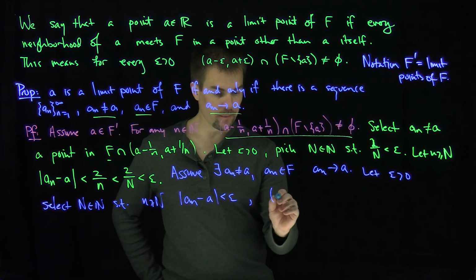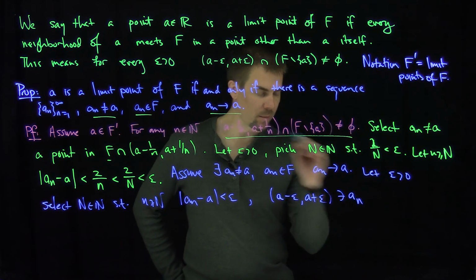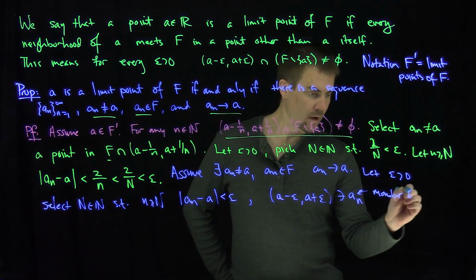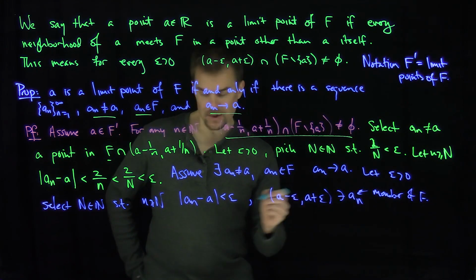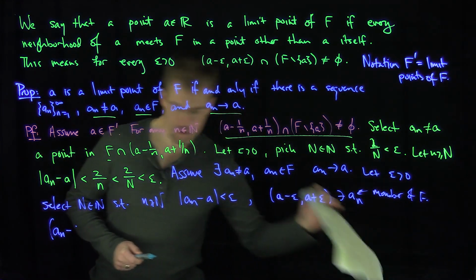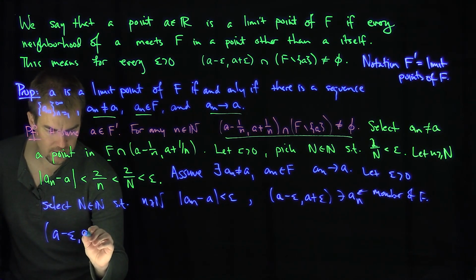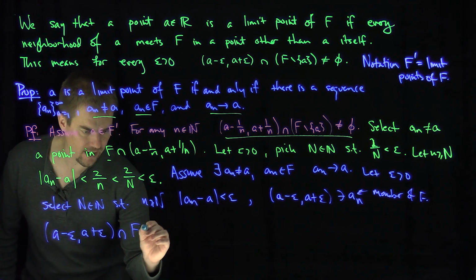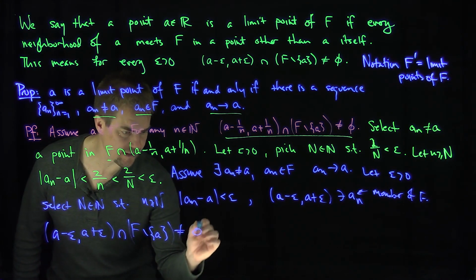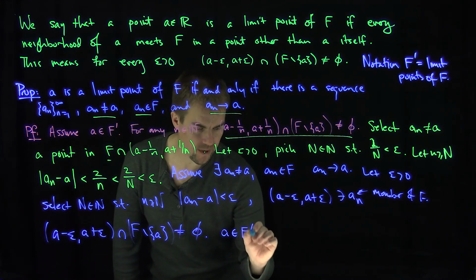So the interval from A minus epsilon to A plus epsilon contains the number a_n, and a_n is itself a member of F. In other words, the intersection of the interval from A minus epsilon to A plus epsilon with F minus the point A itself is not empty, since a_n is in there, and that says that A is a limit point of F. So we have our result.